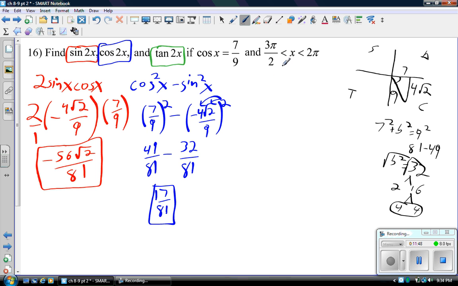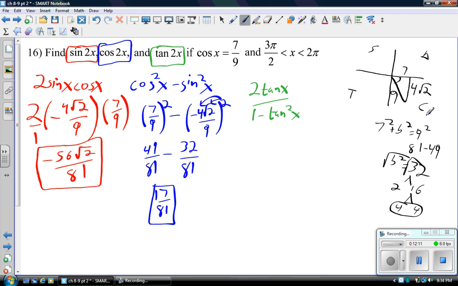This one you don't have to have memorized, I'll have it on the board, but the tangent double angle formula is 2 tan x over 1 minus tan squared of x. I haven't found the tangent yet, but tangent is just opposite over adjacent, so 4 root 2 over 7.